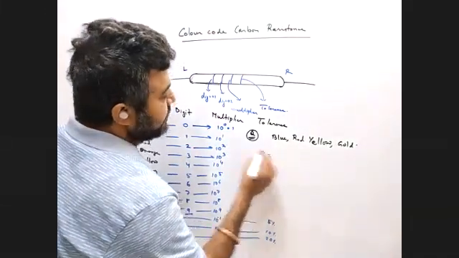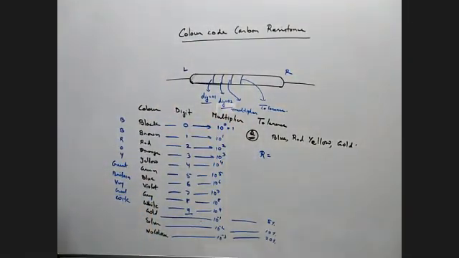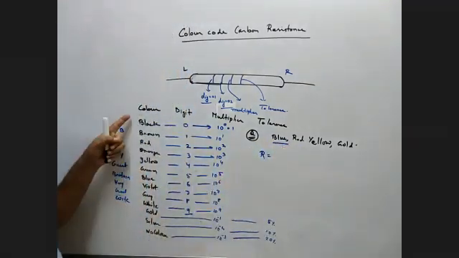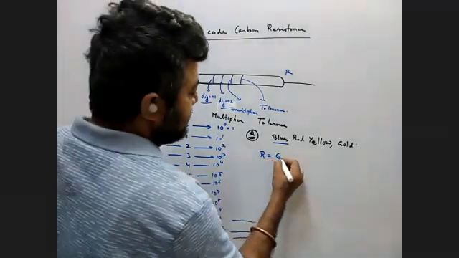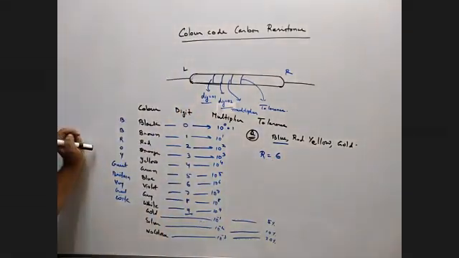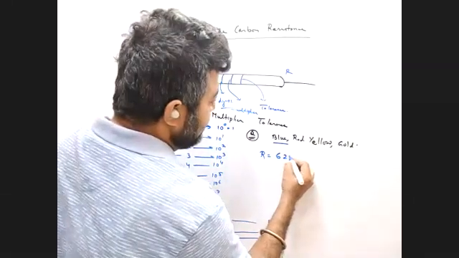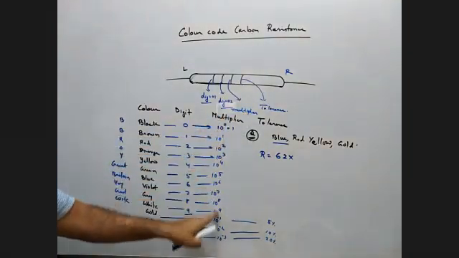So very simple. See, the first two colors are the digits. My first color is blue. So I can check it here. Blue is 6. Now the second color is red. Red is 2. So 62. Now the third color represents the multiplier.